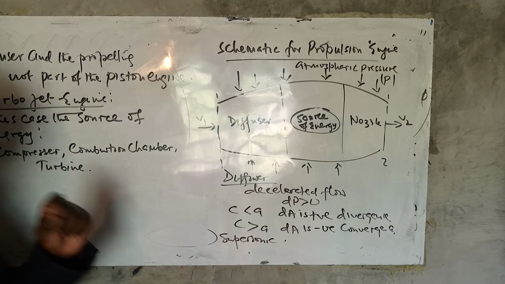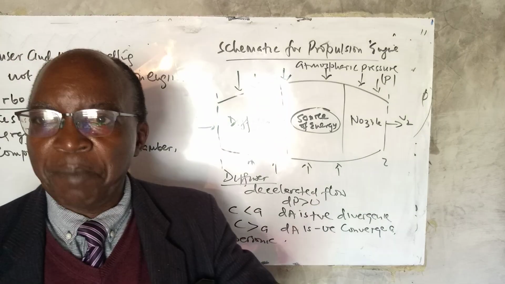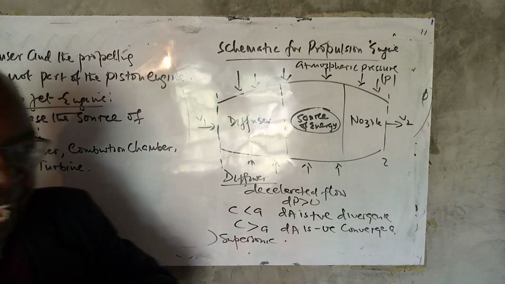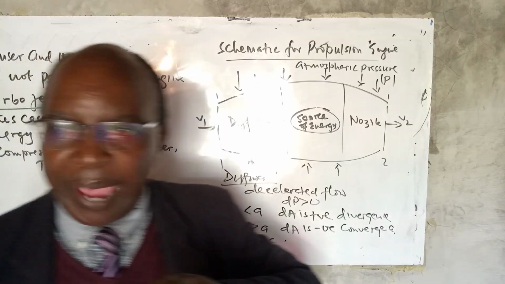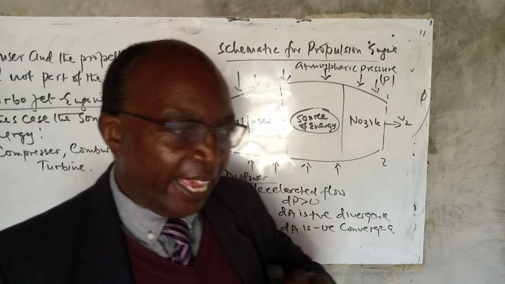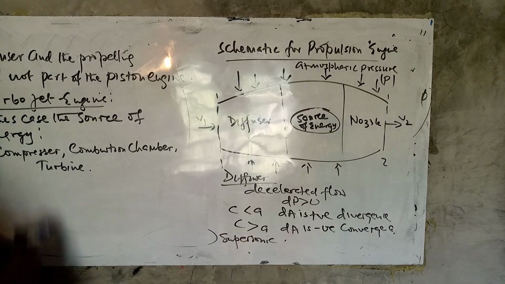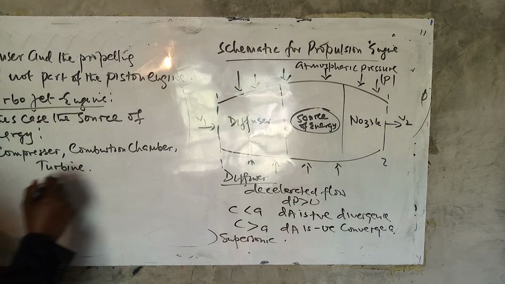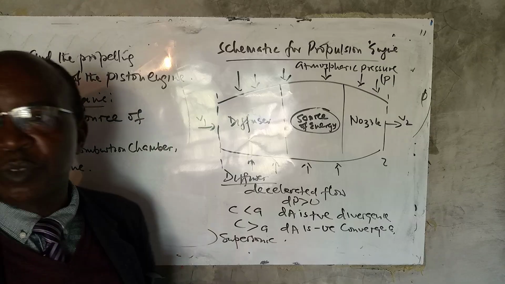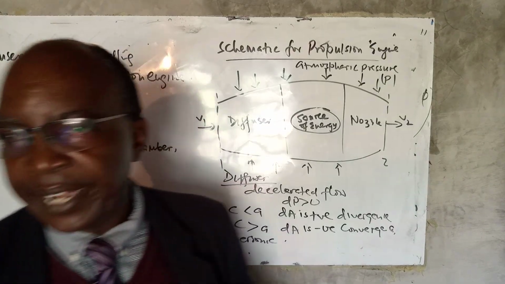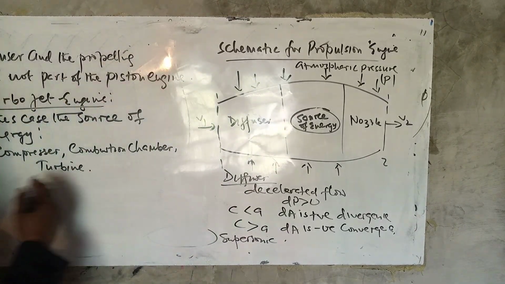Very, very important. But what you need to remember is that because the aircraft is moving and there's build-up in pressure, there's increase in pressure. When there's increase in pressure, then we don't need a compressor and we don't need a turbine. And that brings you to what we normally call a ramjet engine.